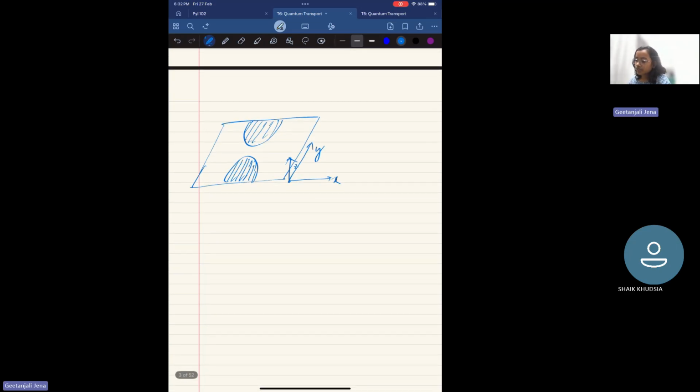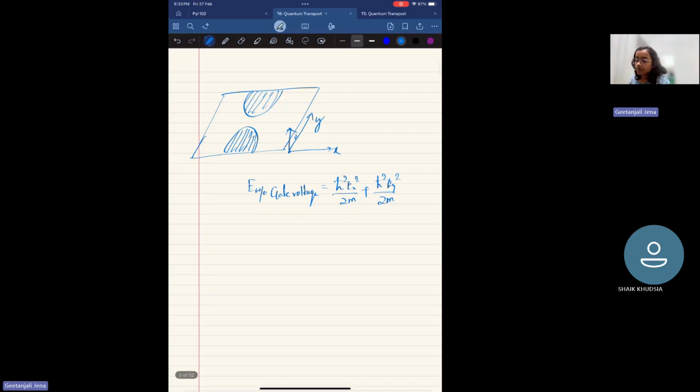Without the gate voltage, they will move freely, and the energy will be ħ²k²/2m. So the energy without the gate voltage will be ħ²kx²/2m plus ħ²ky²/2m. If you recall, we equated this to (n plus half) ħω. From that, we also saw the quantization, Landau levels, and other concepts.